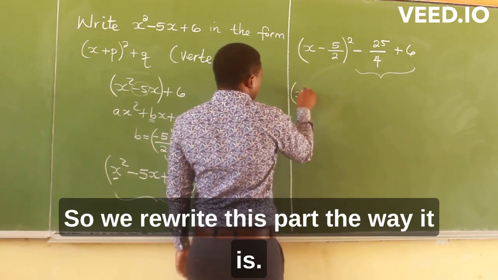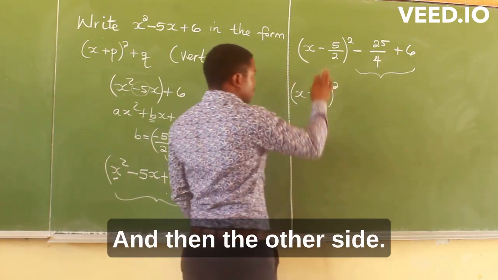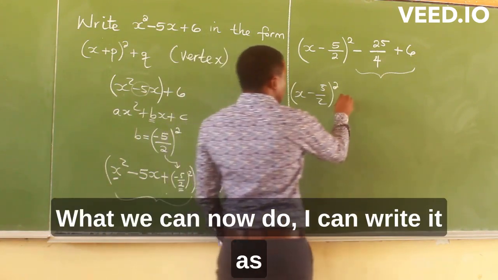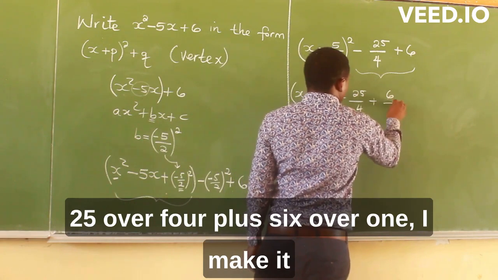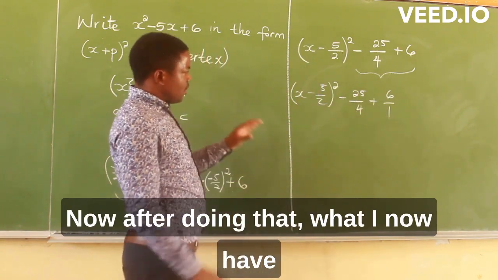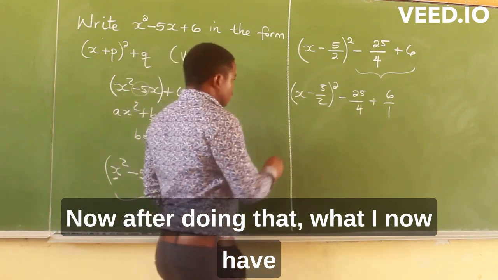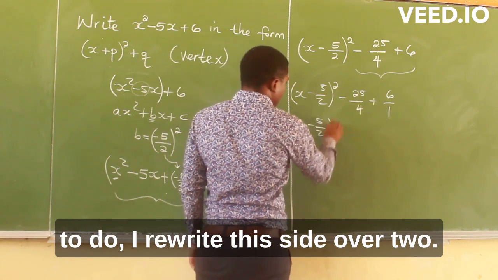So we rewrite this part the way it is, and on the other side I can write 25/4 plus 6/1. I make 6 a fraction also by dividing by 1. Now I rewrite this side over 2.